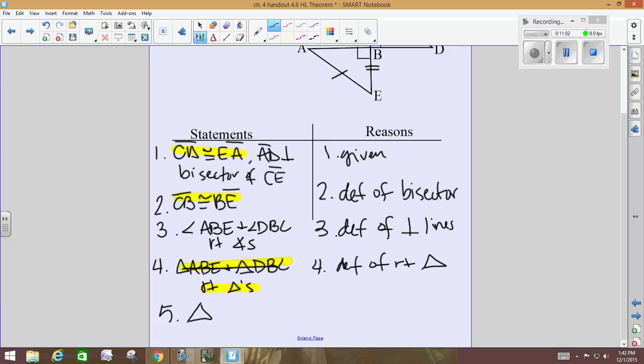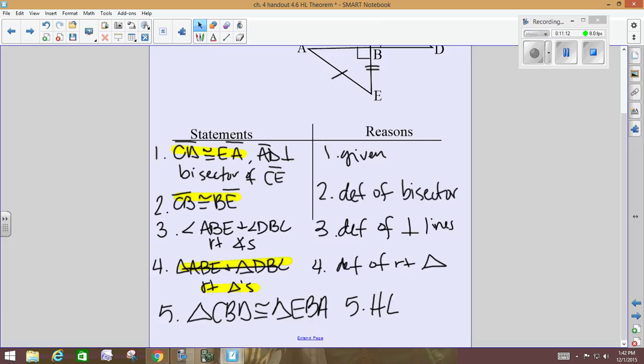So triangle CBD is congruent to triangle EBA by the HL theorem. The one that's most commonly forgotten is telling me that they're right triangles. You'll remember the H and the L because it's in the theorem, but you got to remember that you have to have right triangles then too.